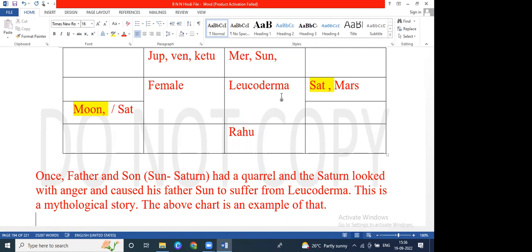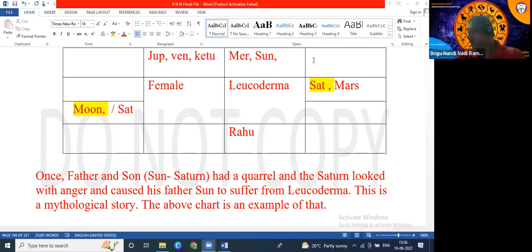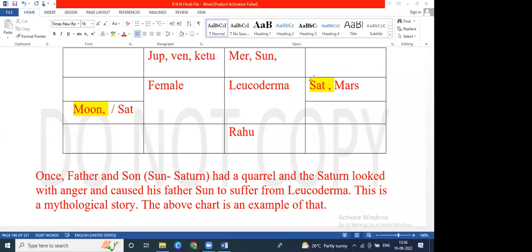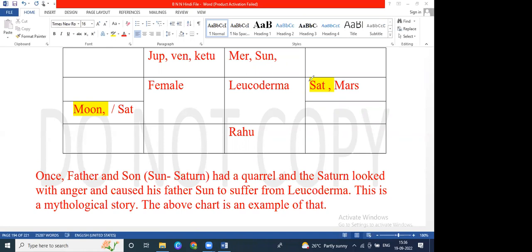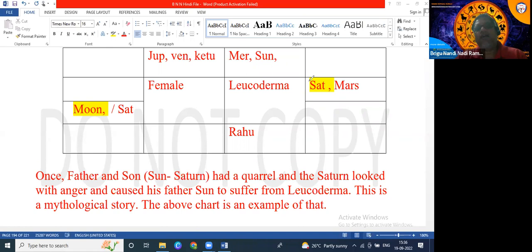Sir, I have a question here. As you said, Saturn is giving leukoderma to Sun. Why is Saturn not giving leukoderma to Mercury or maybe Mars? No, this is the story. We are talking about a mythological story. Mercury being a daughter, or Mars a younger brother, is not like that.